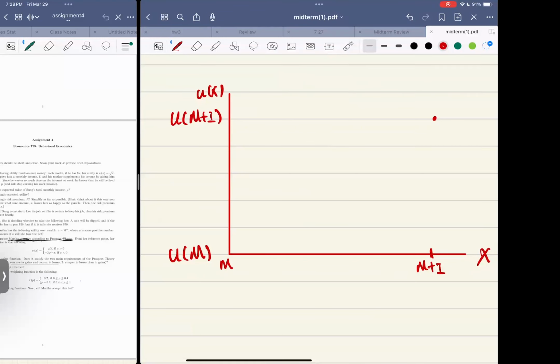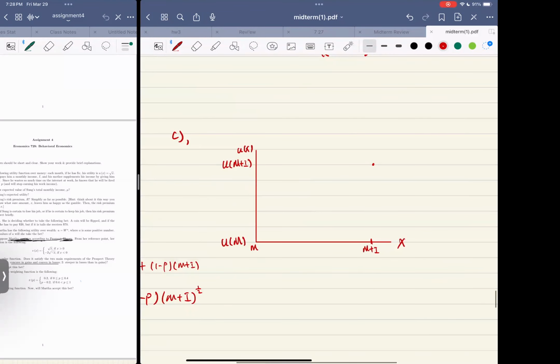Okay, so if the utility function looks like the square root of X, then every unit I increase, it's concave. I should probably make it concave a little bit more, something like this. I'm not going to try to draw it exactly. And then we have expected value, which will be in green, and expected utility.